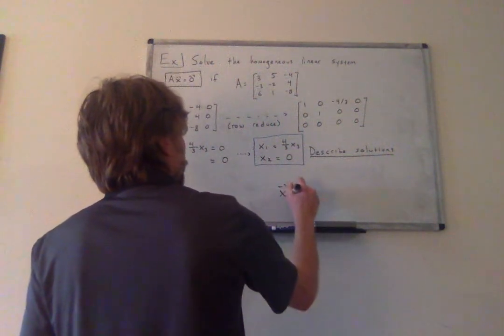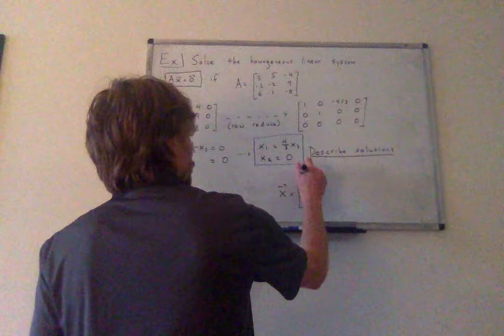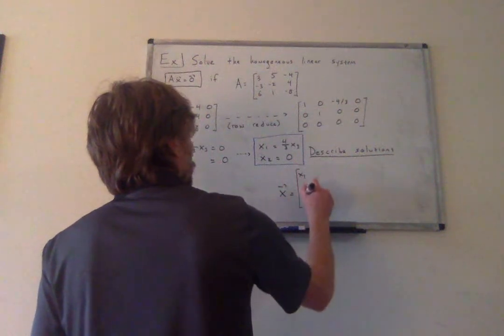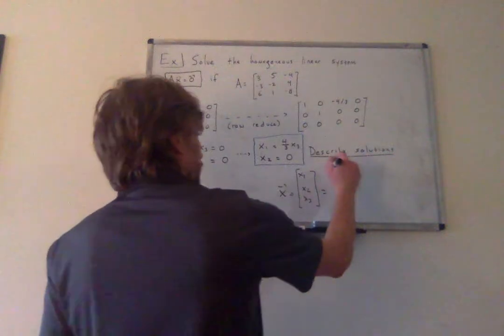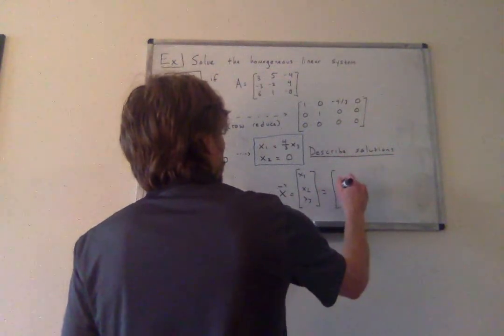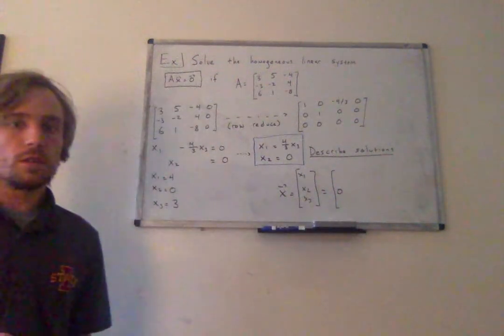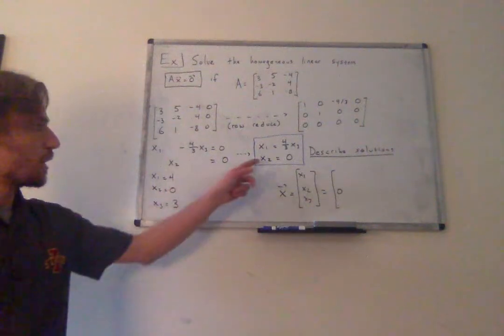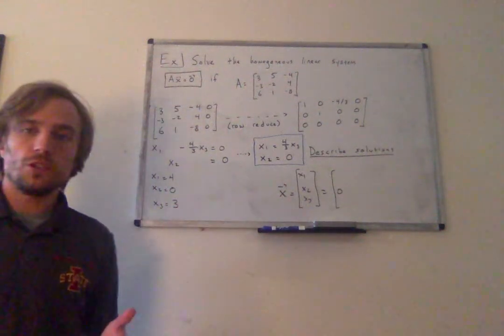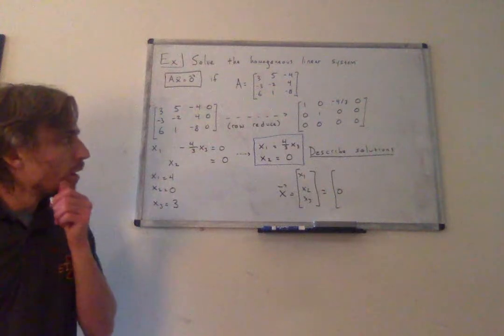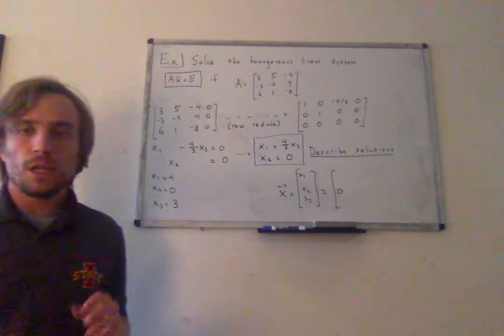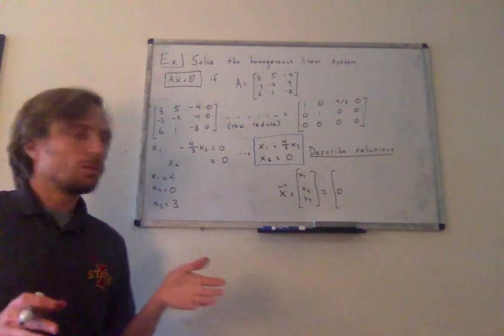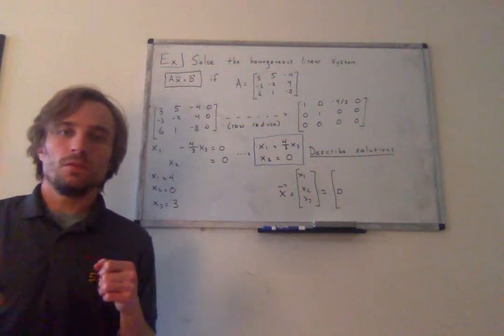If I want a solution vector x that assigns values to x1, x2, and x3, what do I know? The first thing I know is that x2 has to equal 0, from equation 2 here. The next thing I know is that x3 can be whatever I want it to be, because x3 is a free variable.